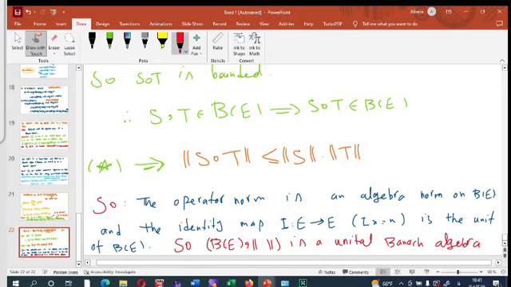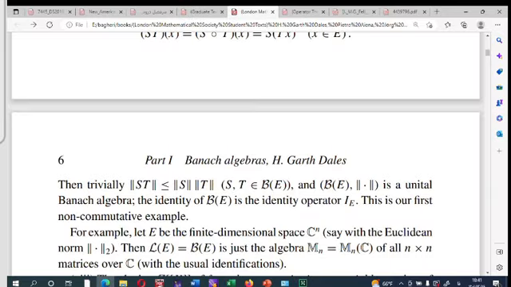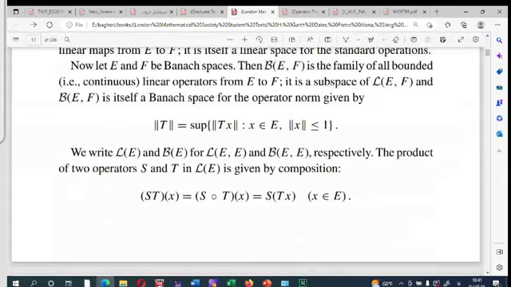Okay, and we have this important example: B of E with operator norm is a unital Banach algebra.